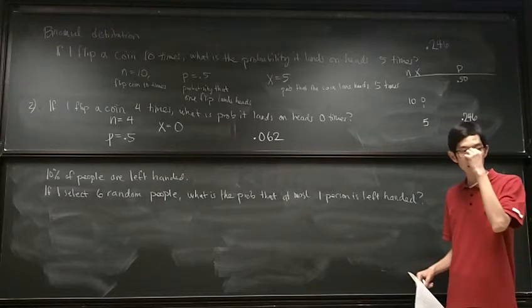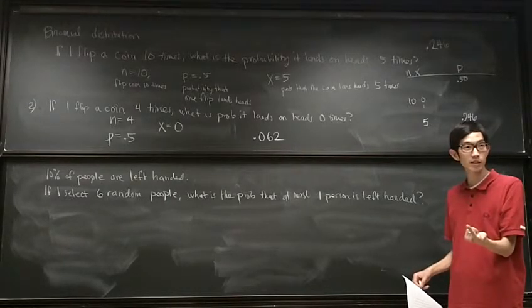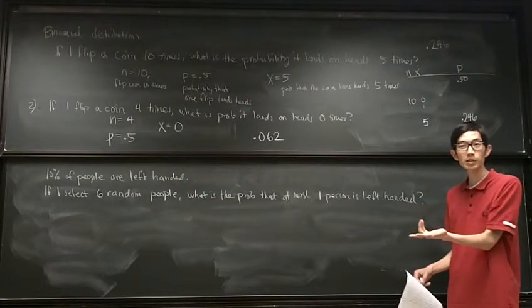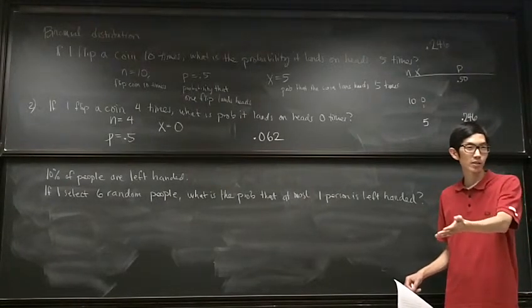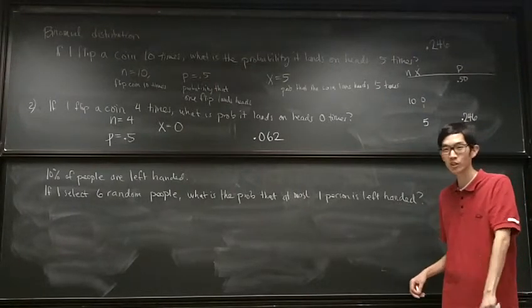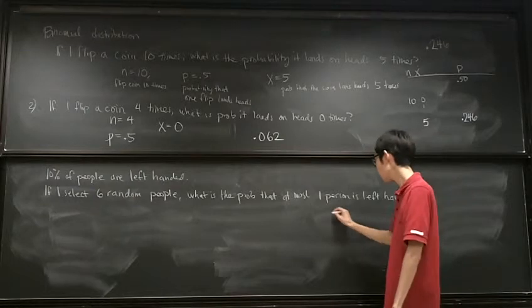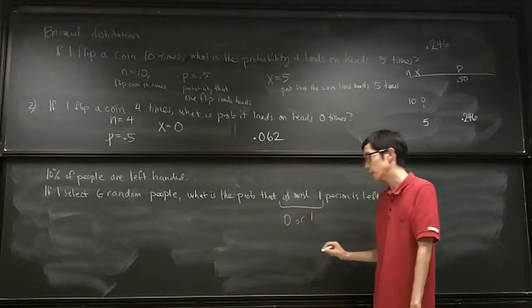That means either 0 people are left-handed or 1 person is left-handed. If 2 people are left-handed, I have more than 1 left-handed person. Are we okay with that language? So at most 1 means 0 or 1.